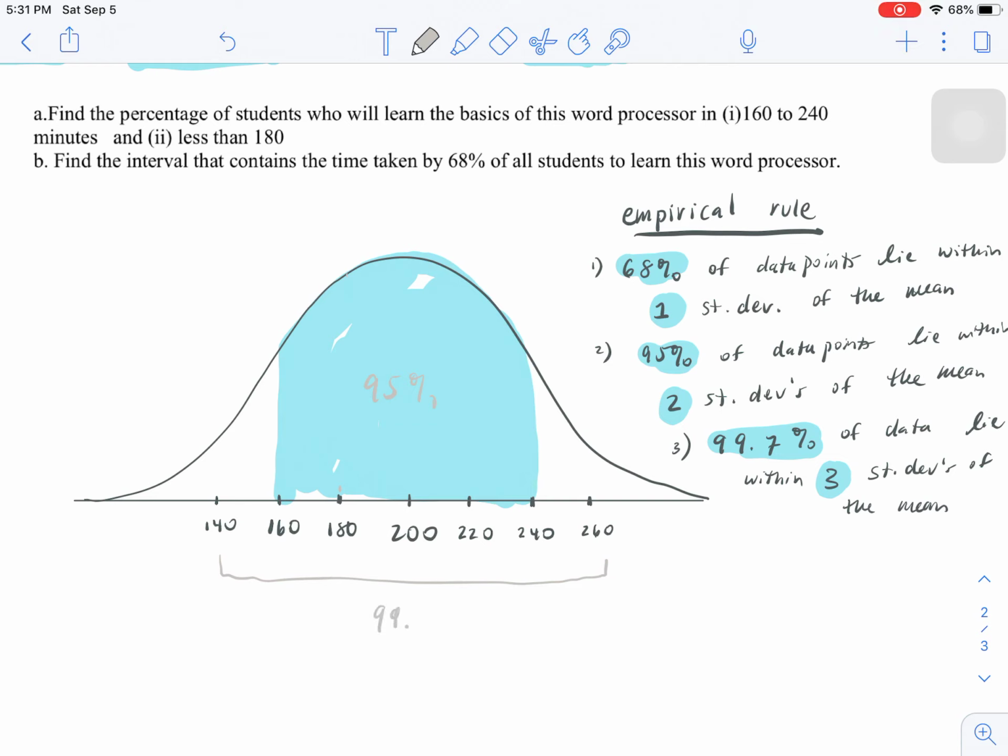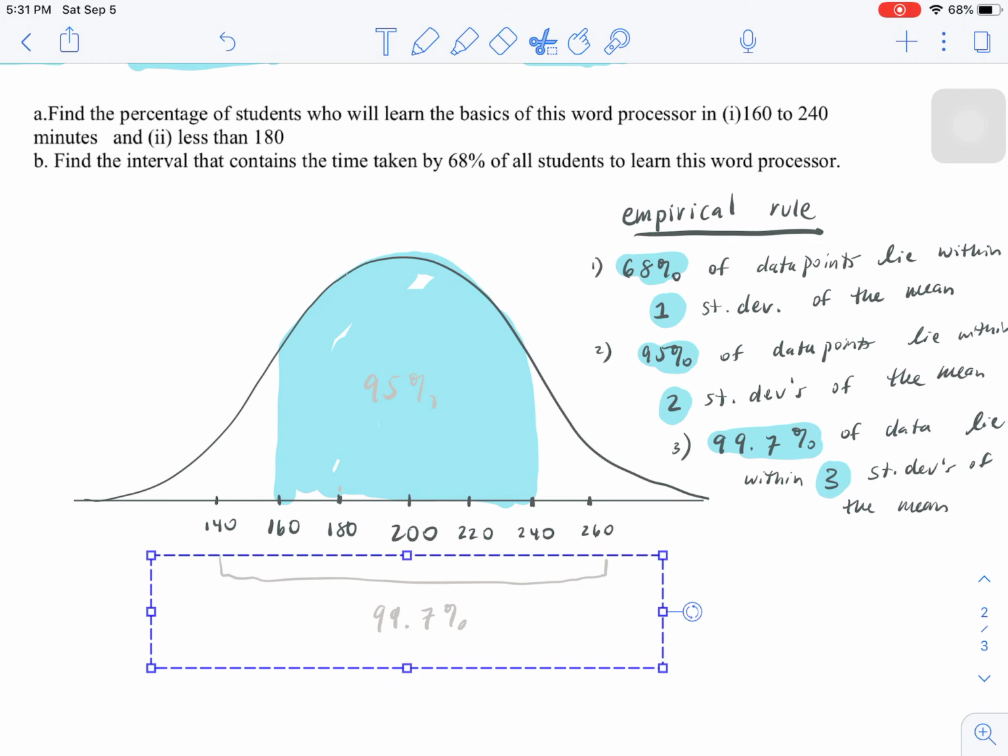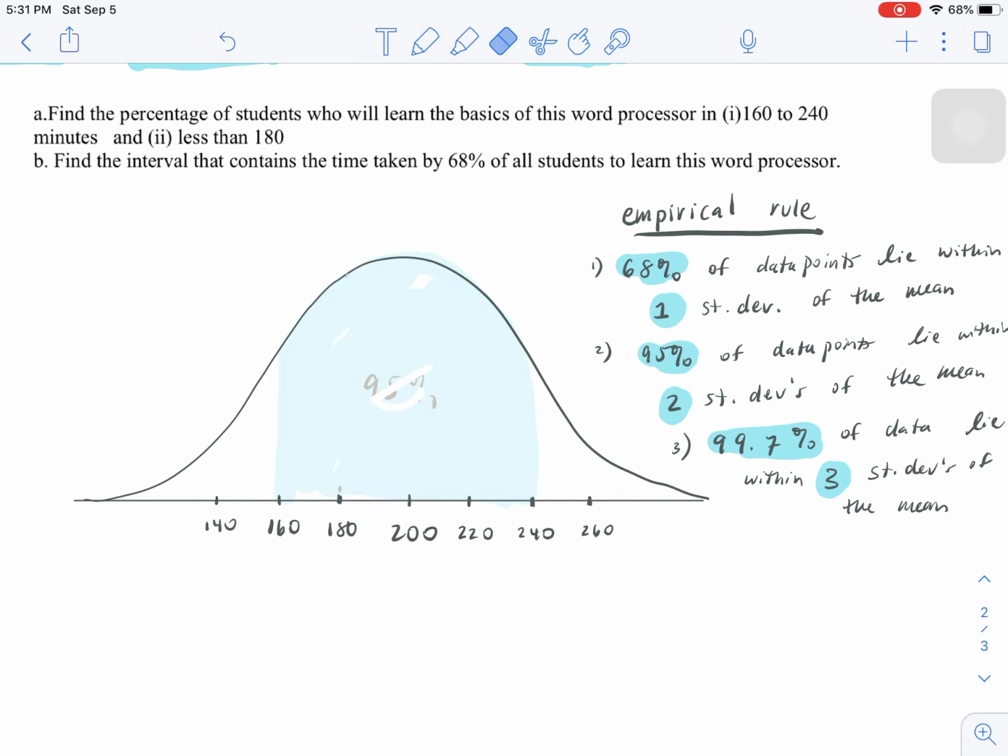In this interval is 99.7% of my data. So that's how we use the empirical rule in this problem. So let's now use it to answer part 1. We want to know what percentage of students lie within this interval from 160 to 240. Well, this is simply a direct application of the empirical rule.